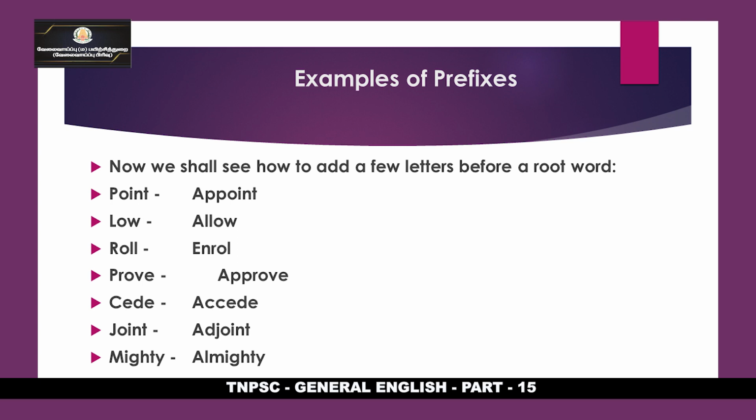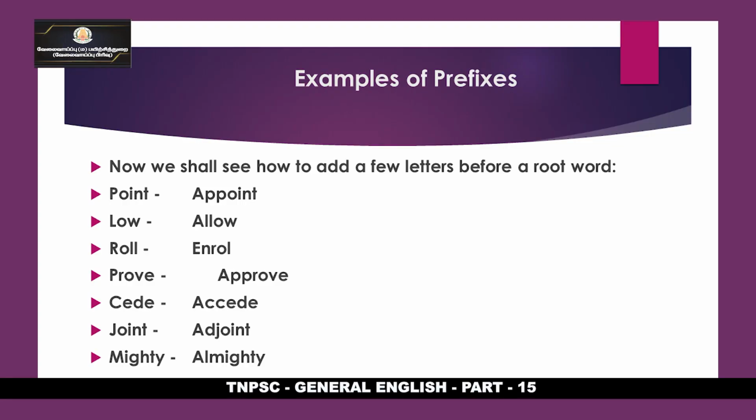Accede means you are actually agreeing to something. So there again you add AC to it. Joint, you know what's a joint? A joint is a juxtaposition, a change in position is called as a joint. Mighty, so obviously when you add AL it becomes almighty.